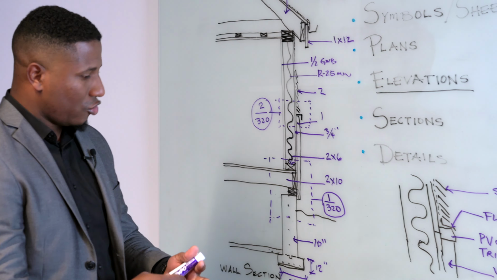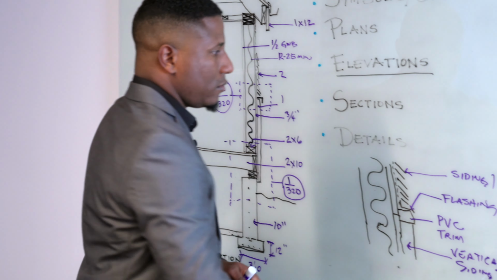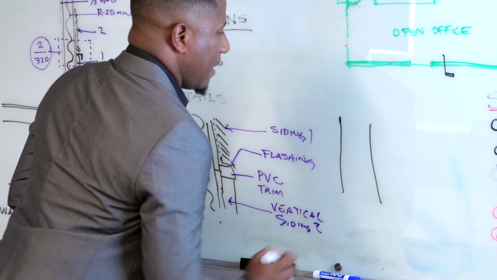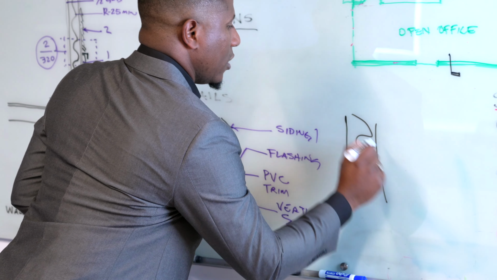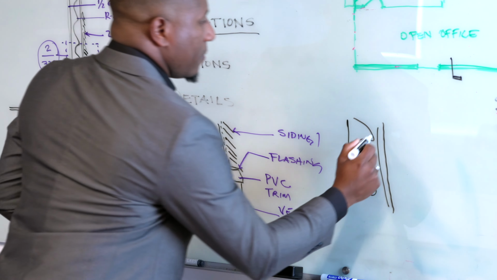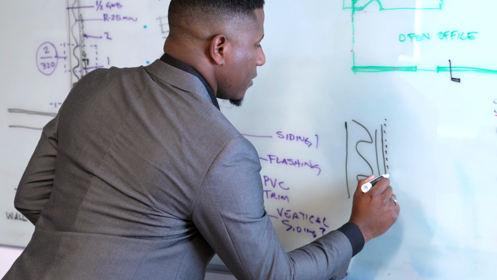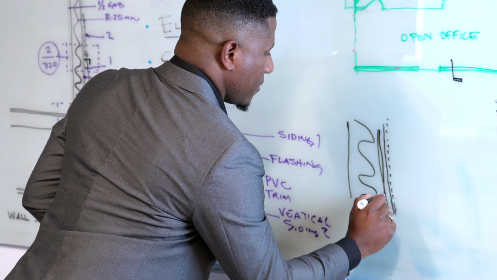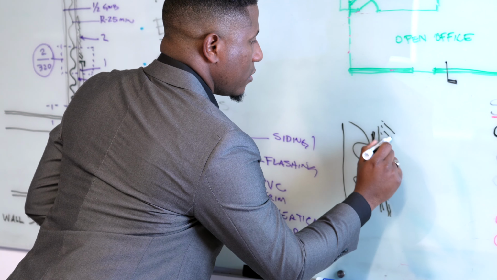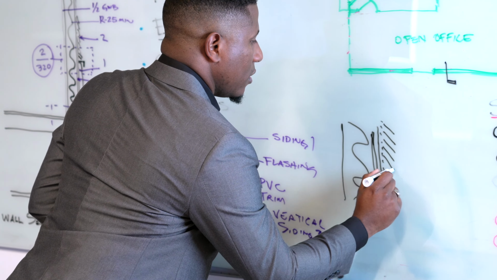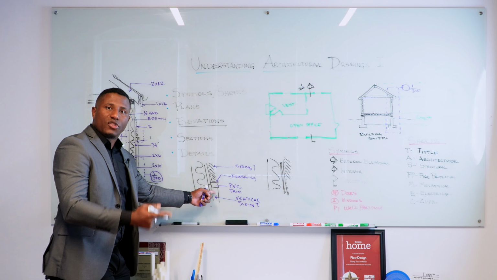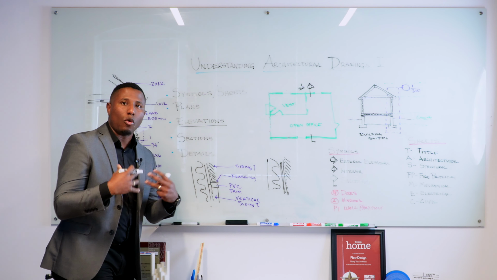So let's just draw it quickly here. Let's say you have your wall cavity, with your sheathing. Let's say you have water vapor barrier there, and then you have your typical siding there, but instead of having a vertical siding, you have a stone veneer.